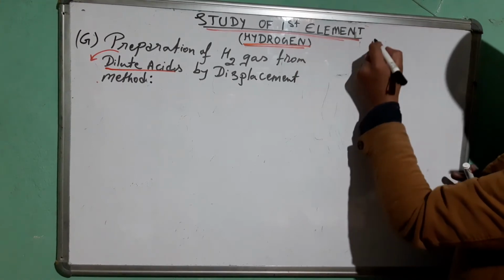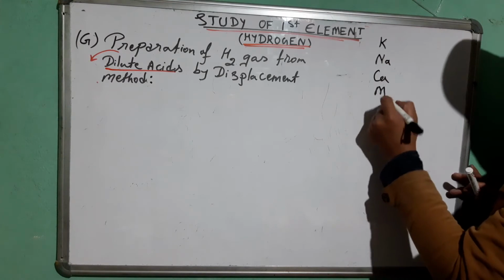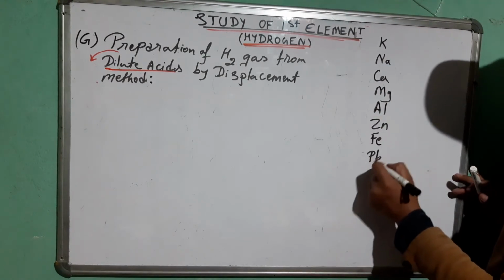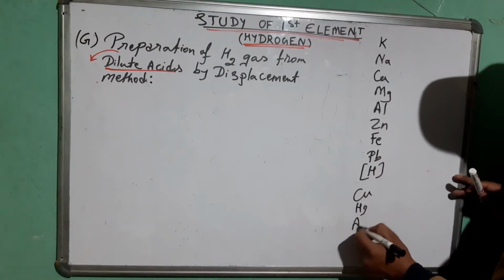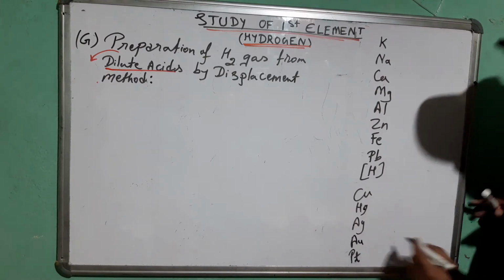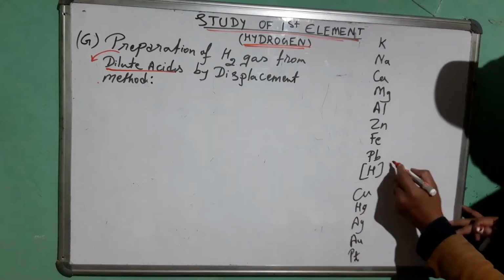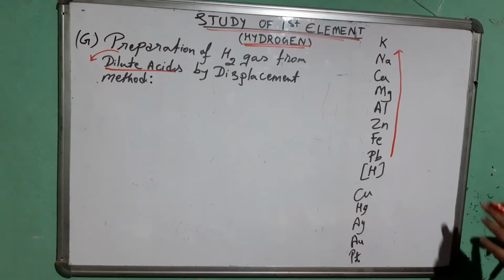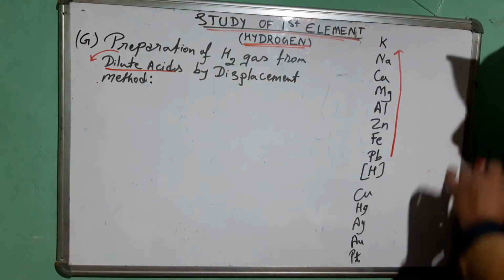So in the reactivity series, the metals which lie above hydrogen react with dilute acid to give hydrogen gas.